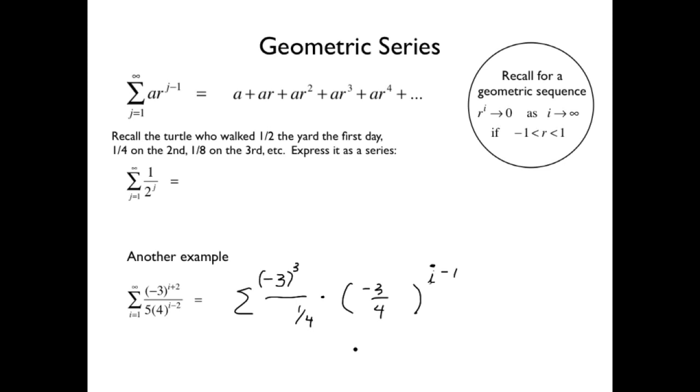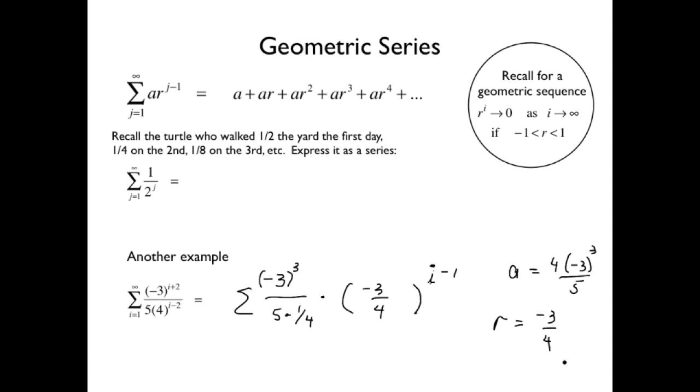If I take 1 away, divide by 4, then I have i minus 2 fourths. And then I still have the 5. And this dividing by 4, some of you noticed, would be the same as multiplying by 4 up here. So my a value is 4 times negative 3 cubed over 5. And my r is negative 3/4.